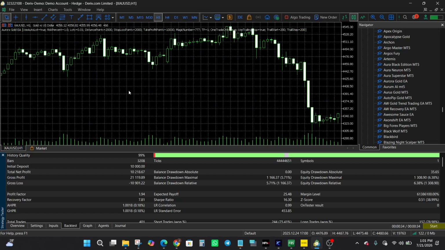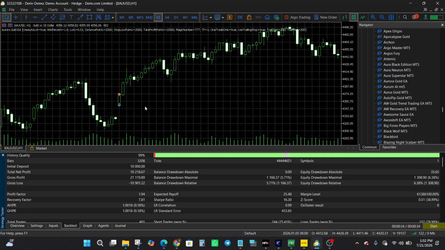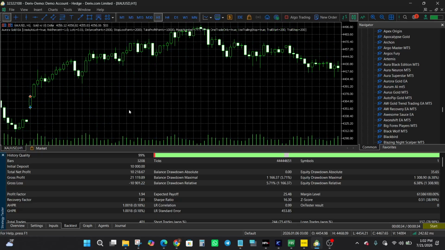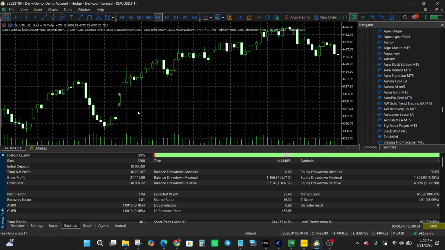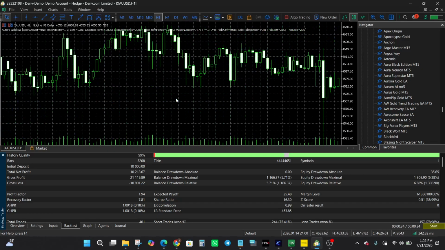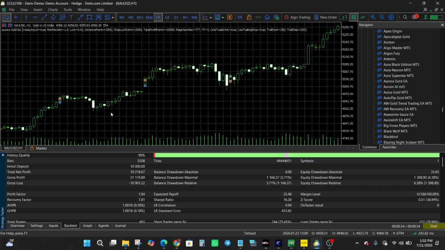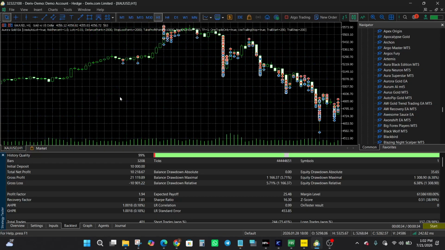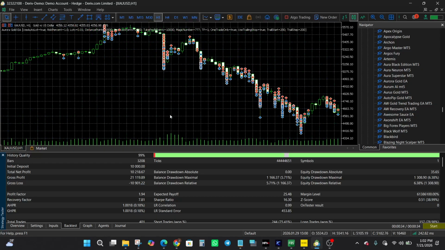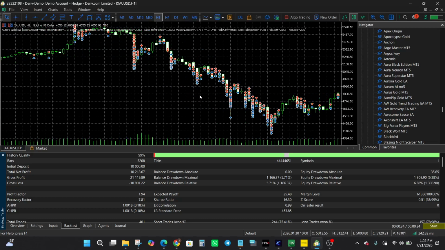Now, just looking briefly through the trade history, I can see that the EA seems to be careful with trade selection. It doesn't just rush and jump into trades. You will notice that the trades are quite spaced out. You're not seeing a lot of trades being stacked or close to each other. There's quite some substantial spacing on some trades, but now I can see that the stacking also happens.